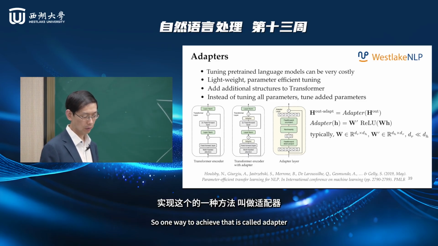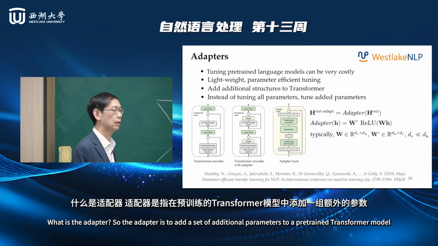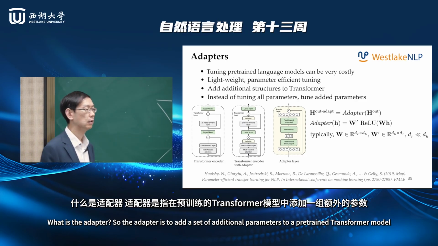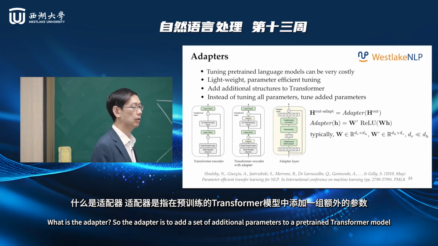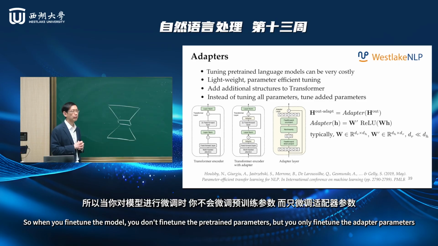So one way to achieve that is called adapter. Okay, what is adapter? An adapter adds a set of additional parameters to a pre-trained transformer model. When you fine-tune the model, you don't fine-tune the pre-trained parameters, but you only fine-tune the adapter parameters.